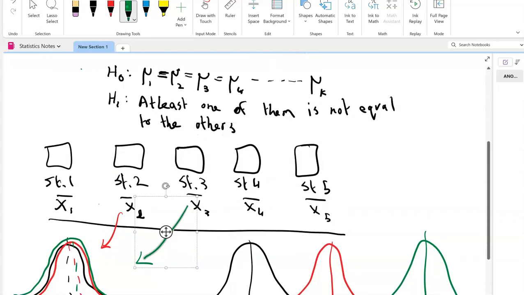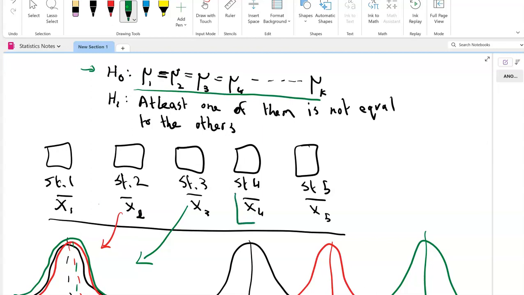We have to then reject the null. So again, our null is that all the means are equal, and the alternative is that at least one of them is not equal. So one of them falls out. It could be that all 4 are equal, but store 4's mean is not equal to the others, then we would reject the null.